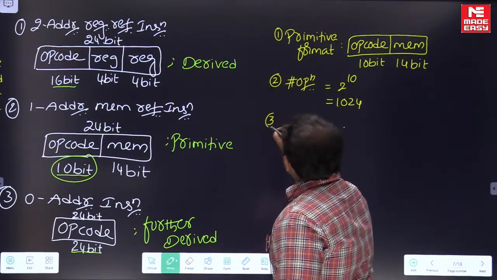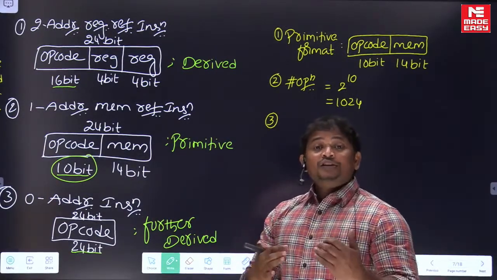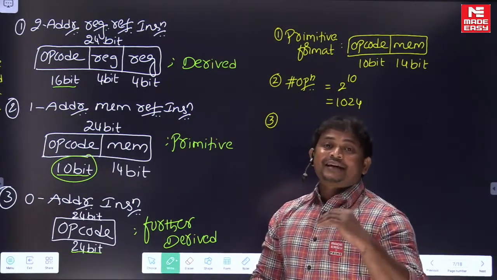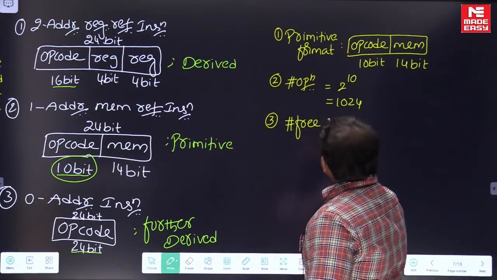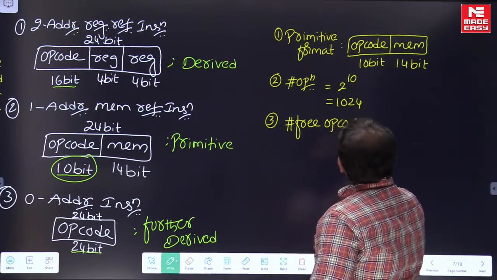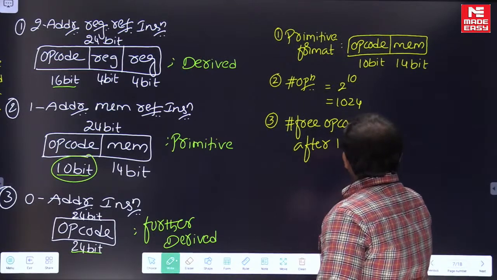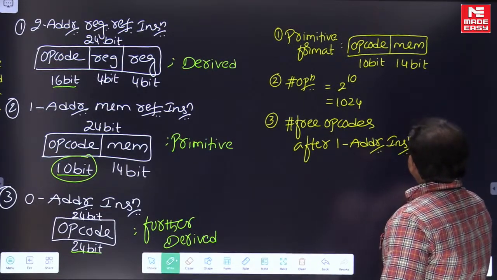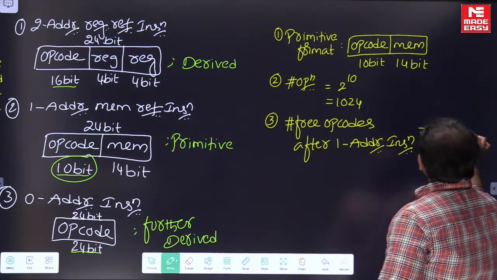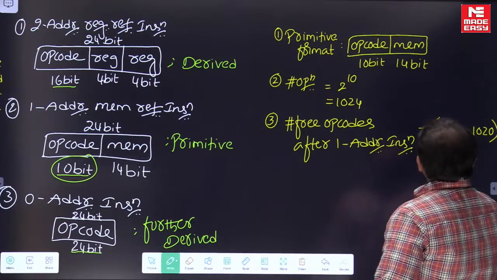But how many are already implemented? In the question, it is given that 1020 one address instructions are implemented. Therefore, the number of free opcodes after one address instruction is 1024 minus 1020, which is equal to 4.